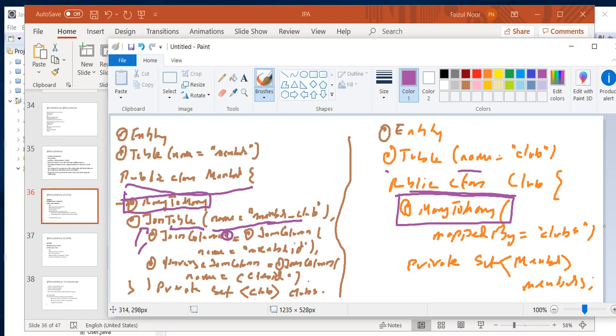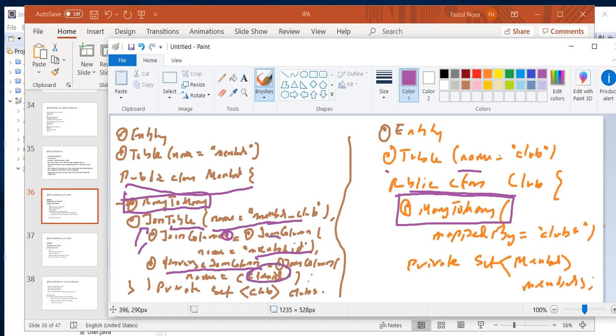The purpose of the join columns is to tell how they are related, like which of the fields we need to look for when they are joining. On one side I'm saying that the join column is member ID, and this is another annotation, which is inverse join column, and I'm saying that the inverse join column is the club ID.